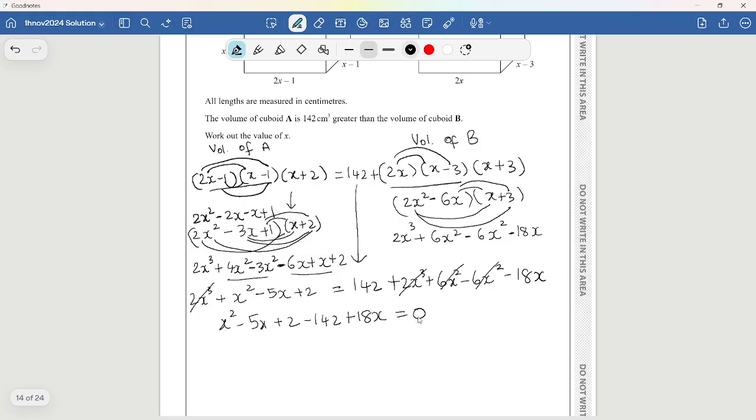That is equal to 0. Now I can take the like terms here on this side. So 18 take away 5 is 13x, so that's a positive. So plus 13x, and 2 take away 142 will be a negative 140. This is equal to 0.